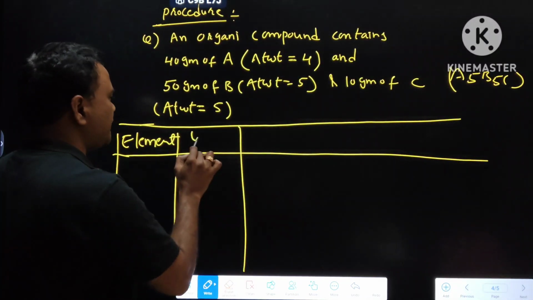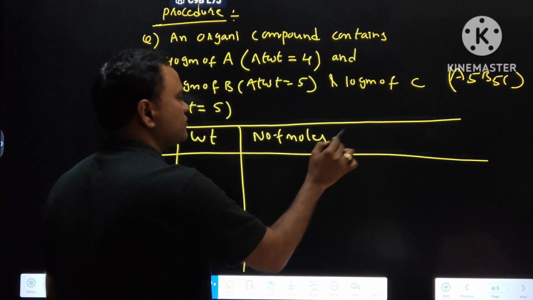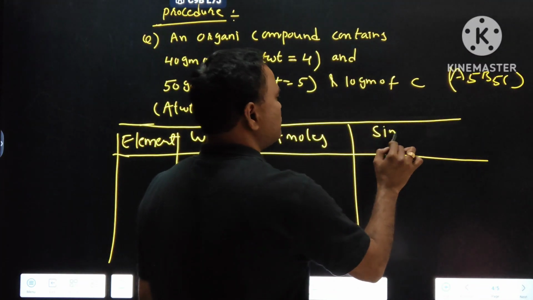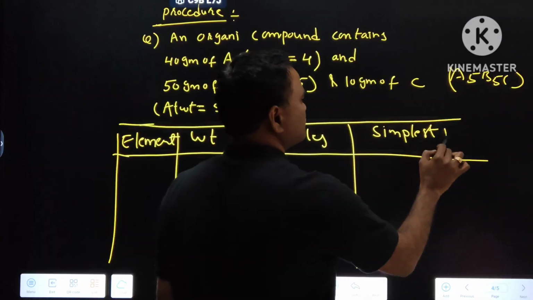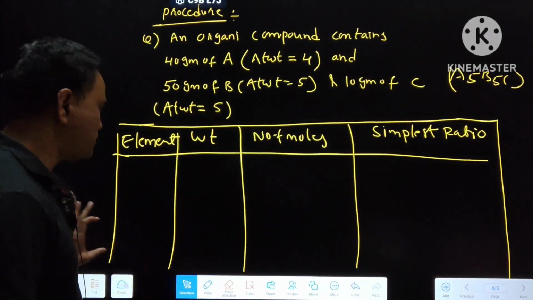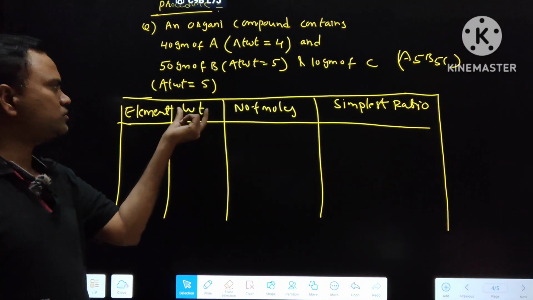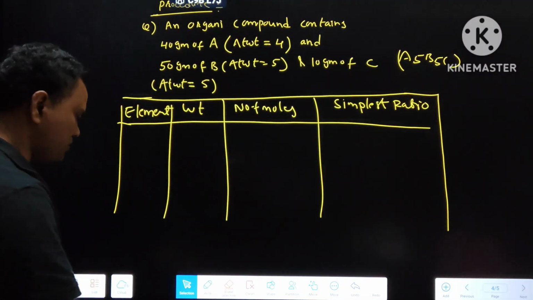In second column, weight. Third column, number of moles. Fourth one, simplest ratio of the moles. If you get percentage, then also same column. Column is weight only. Alright.